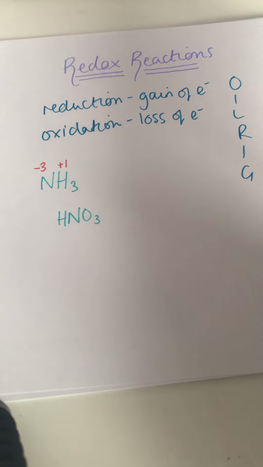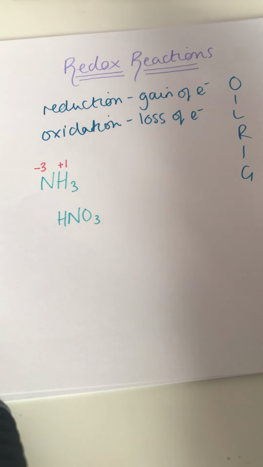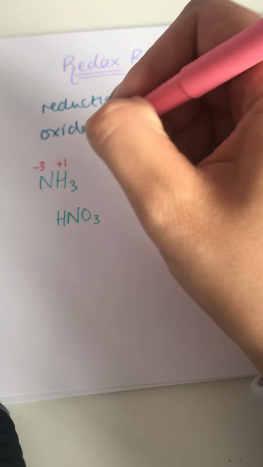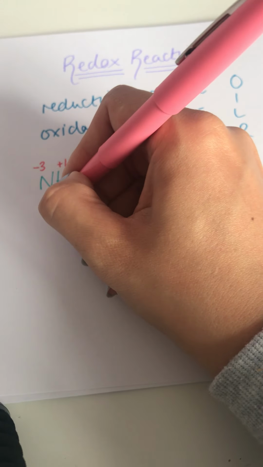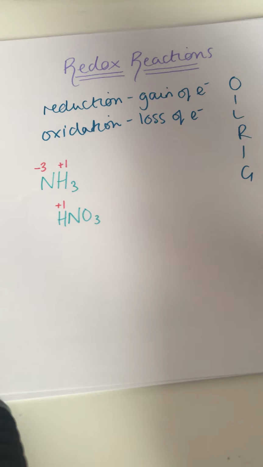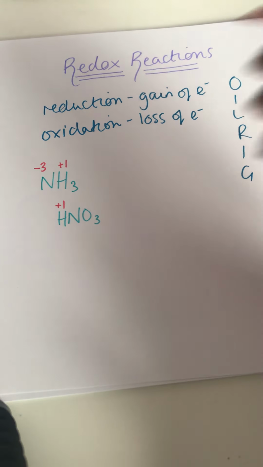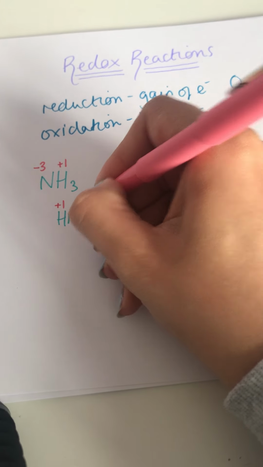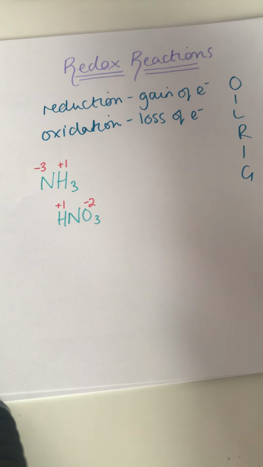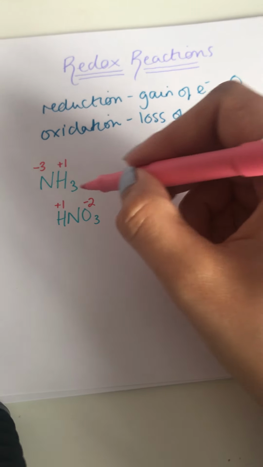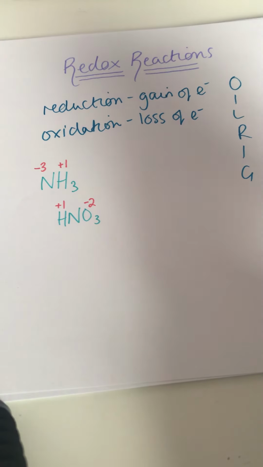Now this time I've got 3 different elements, so I need to work through and identify which ones I should know already. So same rules as before, hydrogen is always +1 except in sodium hydride. So let's make that +1. And oxygen is always -2 except in peroxides. So we've got a compound that is neutral overall, so our aim is to make it 0.